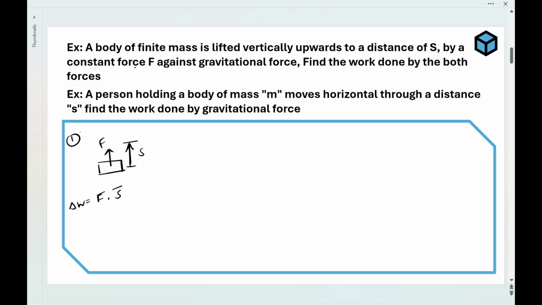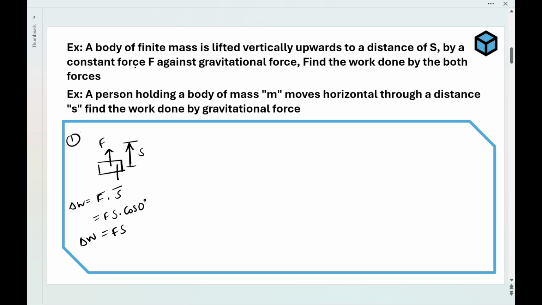Since the force is constant and displacement is S bar, we can write F into S into cos 0 degrees, because they are in the same direction, so there is no angle between force and displacement. So this is nothing but F into S.